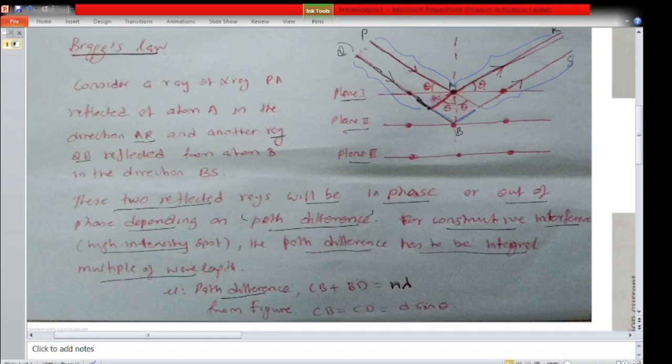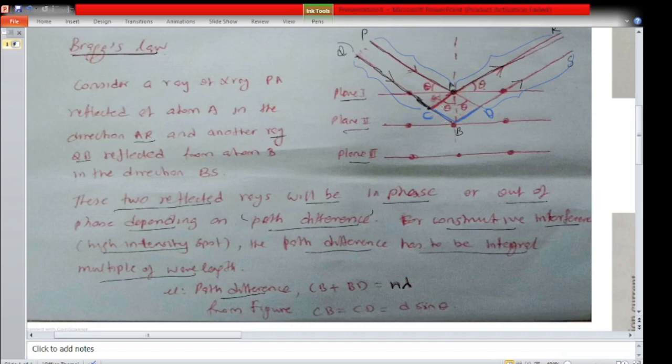So the path difference between these two X-rays is the distance from this point. Let us call this point C, this B and this D. So what is the path difference here? It is CB plus BD.